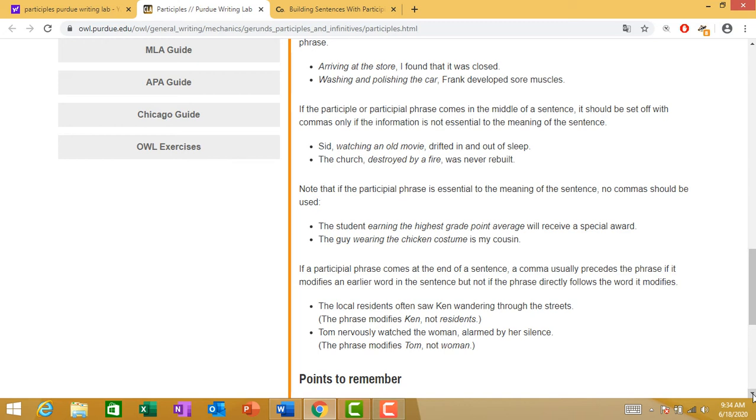For example, the local residents often saw Ken wandering through the streets. The phrase modifies Ken, not residents. Tom nervously watched the woman, alarmed by her silence. The phrase modifies Tom, not the woman.